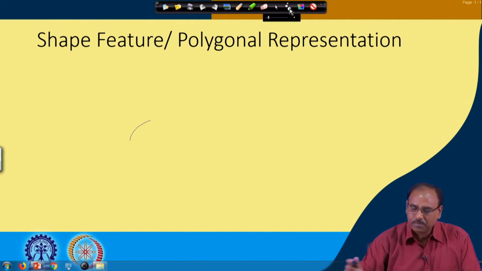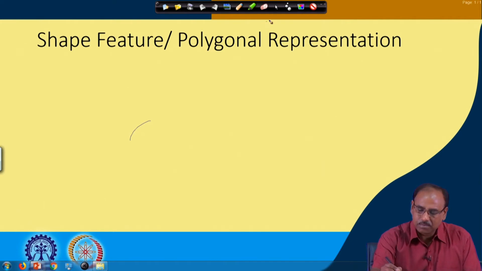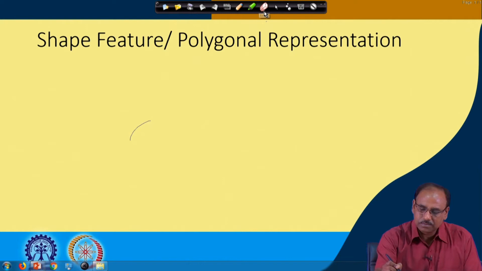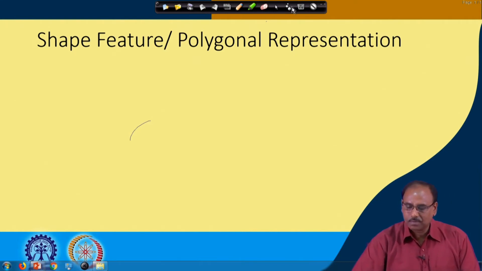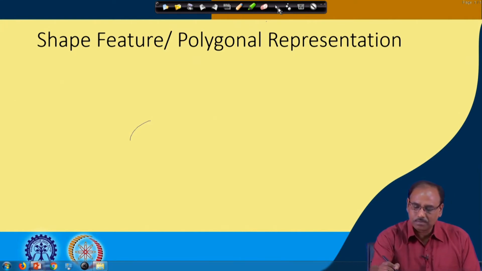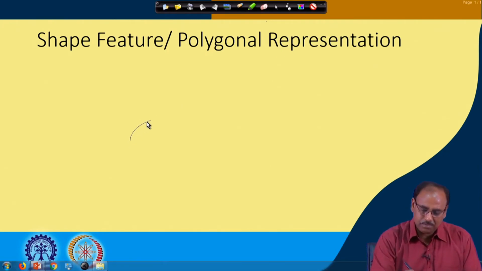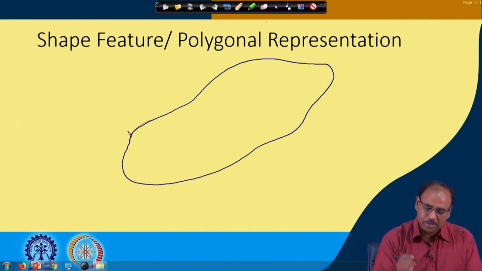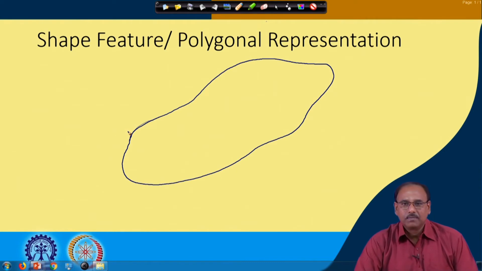Let me change the size of the pen. So, suppose I have a shape of this form, which is a closed boundary.